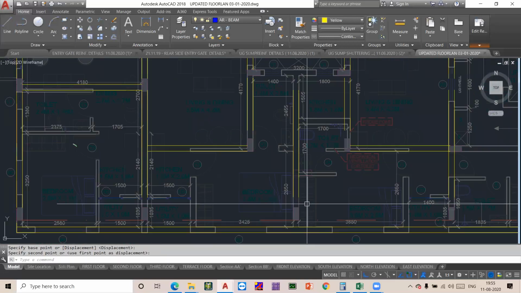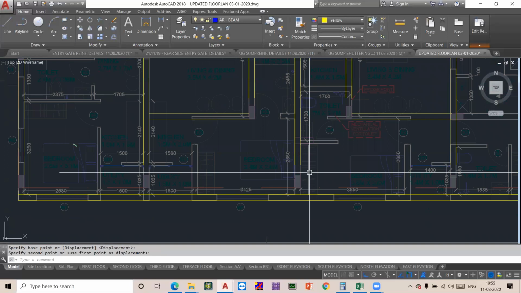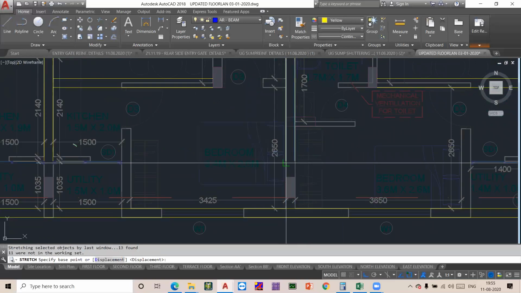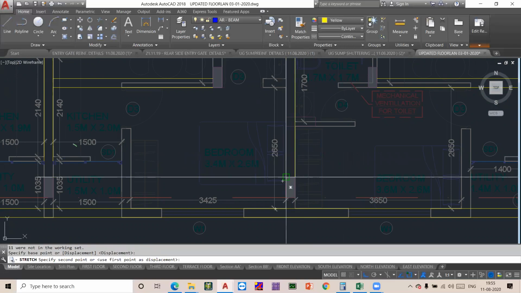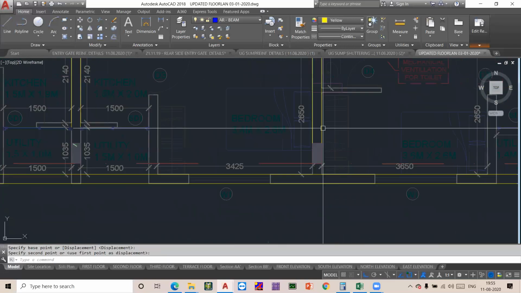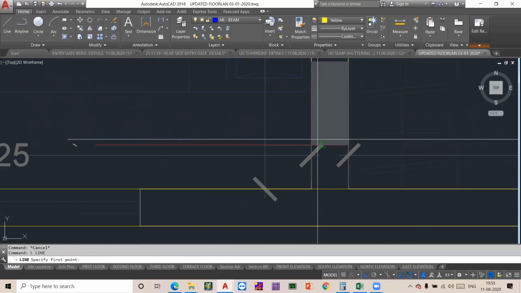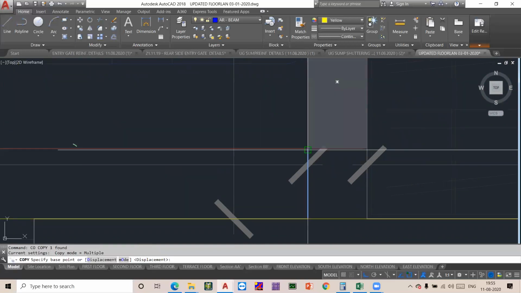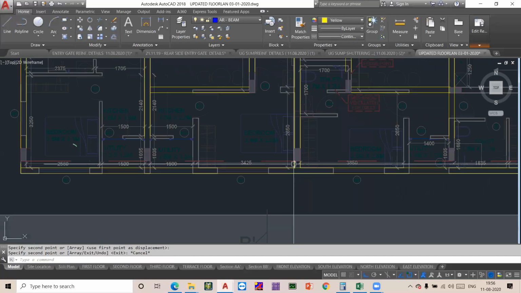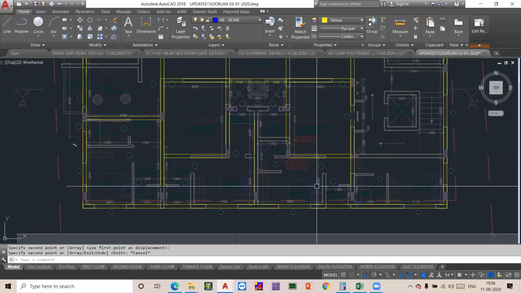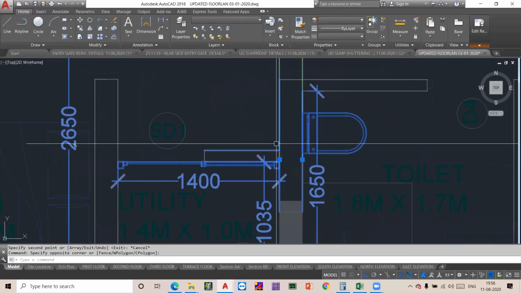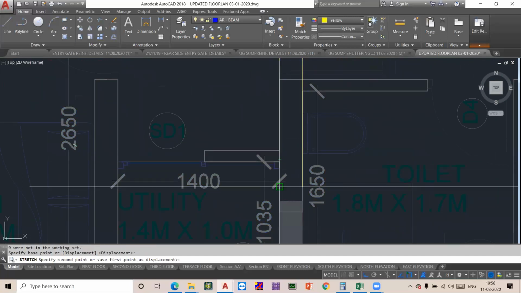Okay, and here we are joining this to the column location. Okay, here again we are joining this to the column location.